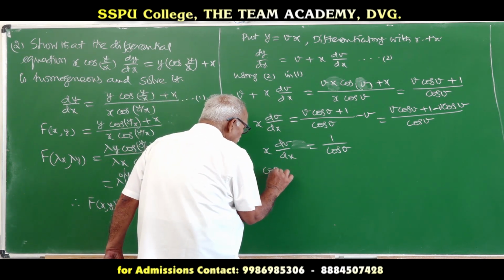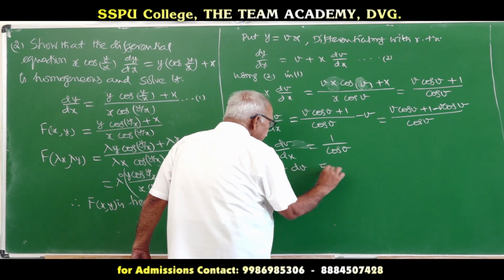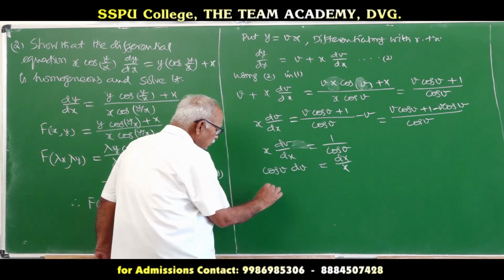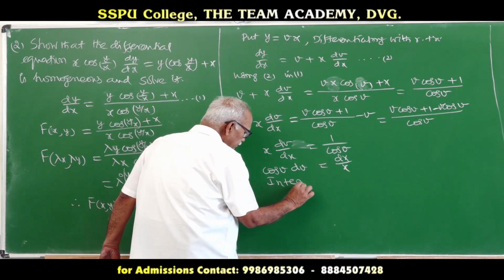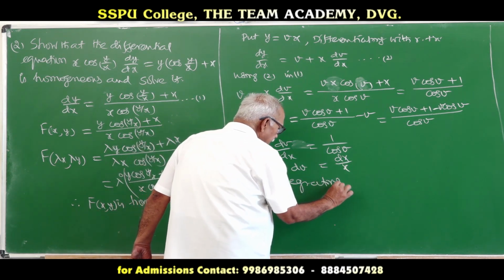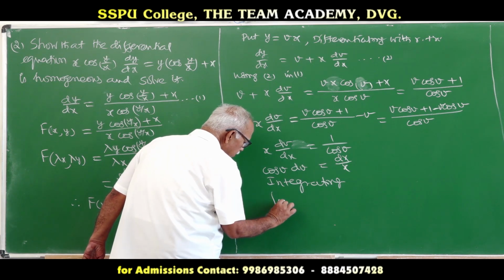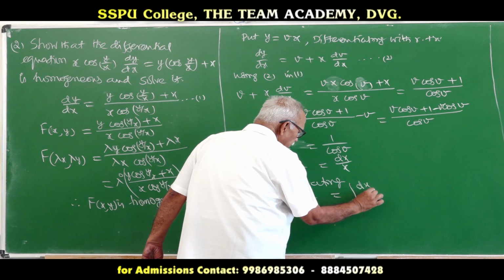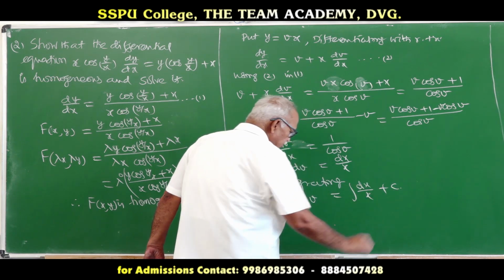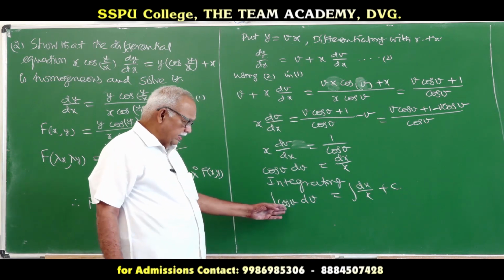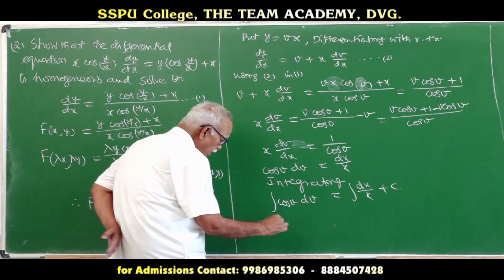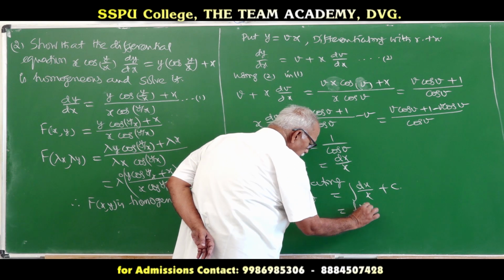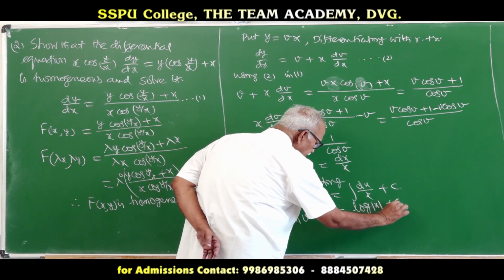Now, cos v dv is equal to dx by x. So, integrating, integral cos v dv is equal to integral dx by x plus c. What is the integration of cos v? That is sin v is equal to log mod x plus c.